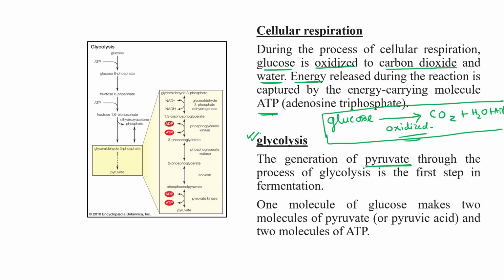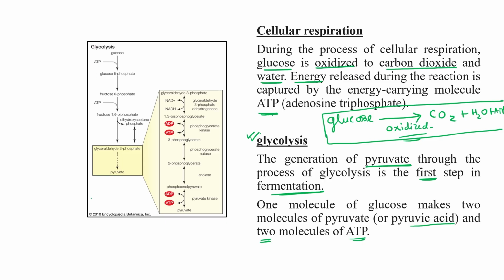So generation of pyruvate through glycolysis is the first step of fermentation as well. One molecule of glucose makes 2 molecules of pyruvate, or pyruvic acid, and 2 molecules of ATP during glycolysis.